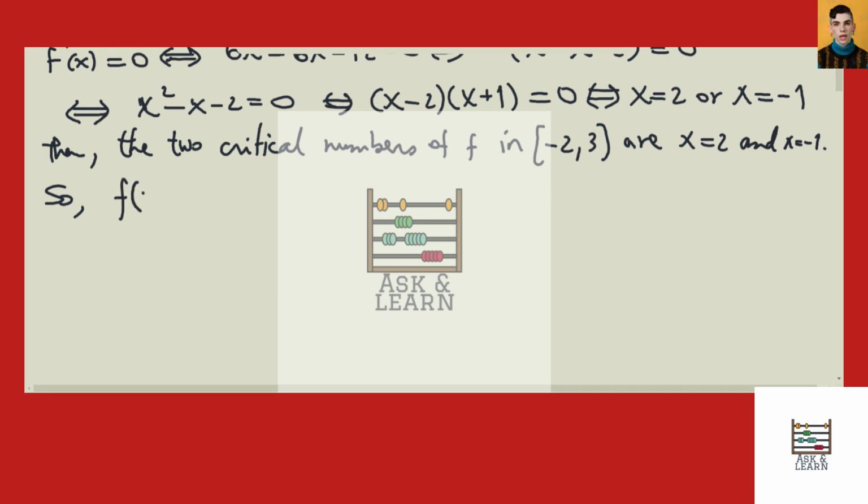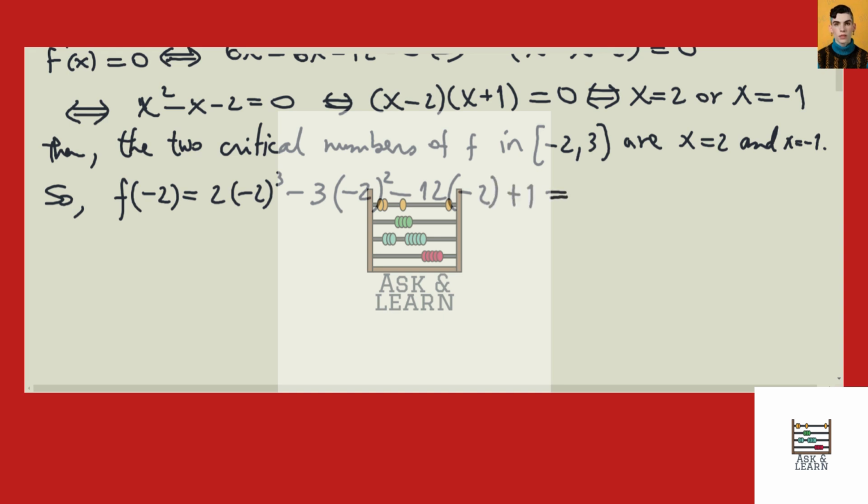f at, let's say, -2 is equal to 2 times (-2) cubed minus 3 times (-2) squared minus 12 times (-2) plus 1.